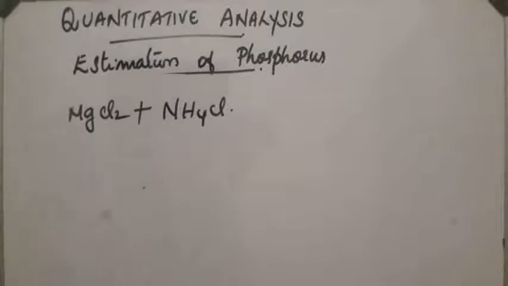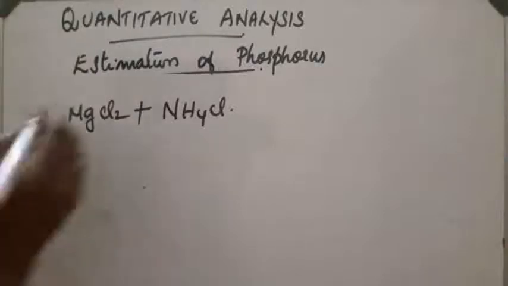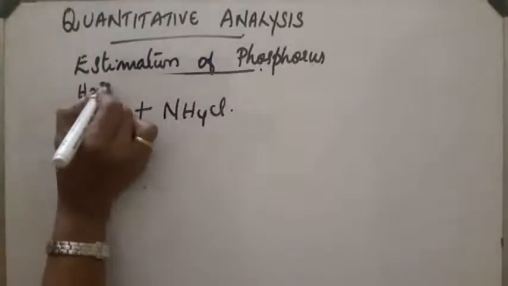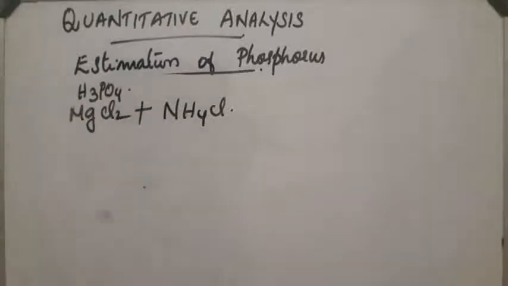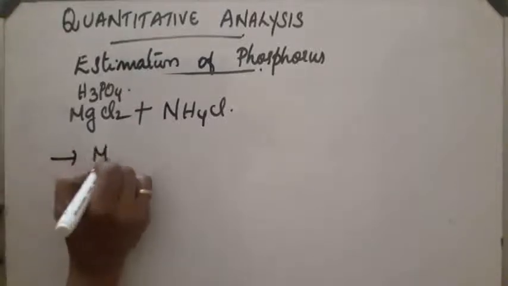We are heating the compounds. The phosphorus present gets converted into H3PO4, into which we are adding magnesia mixture, that is MgCl2 and NH4Cl. So a precipitate will be obtained which is magnesium ammonium phosphate.